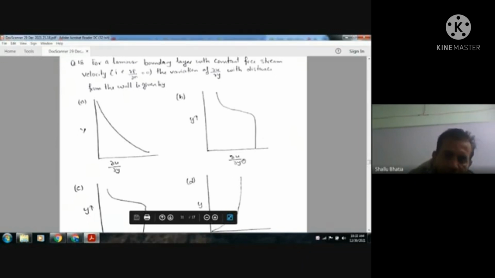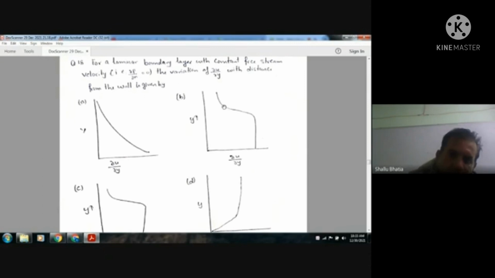So as we move in the y direction, when ∂p/∂x is constant, within the laminar boundary layer this will remain as a straight line. When it crosses the boundary layer, the change in velocity with respect to y will be nearly zero.